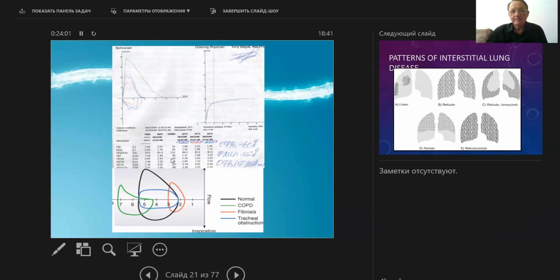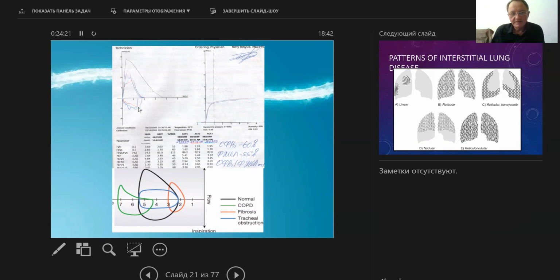You can see the prevalence of the diminished forced vital capacity over the forced expiratory volume, and this ratio in this case is 83.9%. That's why it's a prevalence of restriction over obstruction.